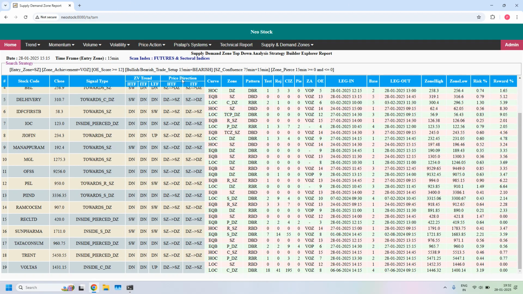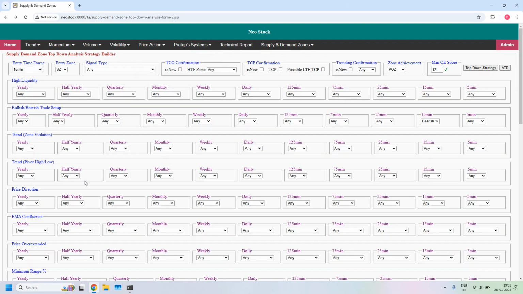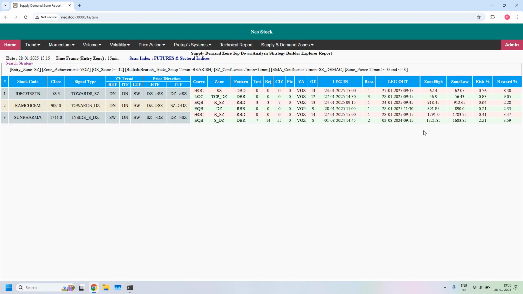Because if 15 minute zone is part of the 75 minute supply zone, that's why we are setting EMA confluence on 75 minutes instead of 15 minutes. Now this 75 minute supply zone should have daily EMA confluence. With this filter, we got 3 stocks. So these 3 are even more high probability trade setup supported 15 minute supply zones.